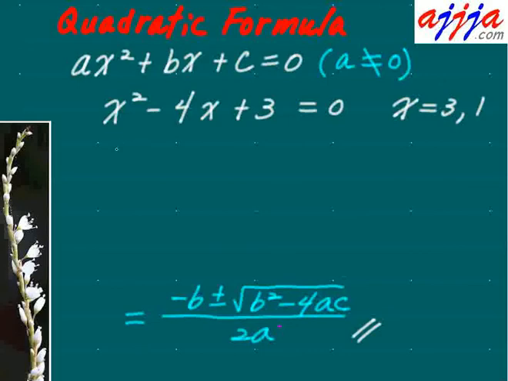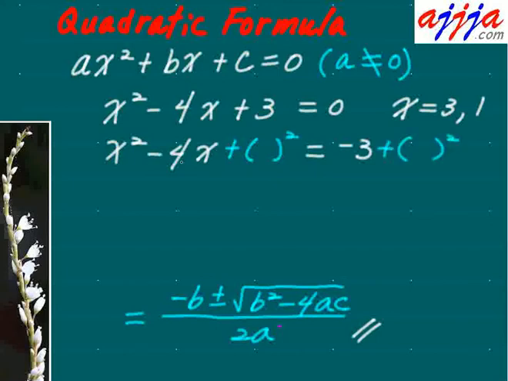But this time we can use the perfect square way. Let's try. We're going to move everything away except the x family. So minus 4x. Now I move 3 to my right hand side. It's going to be minus 3. Now we're going to add, to left hand side and right hand side, the same number squared. What kind of number?